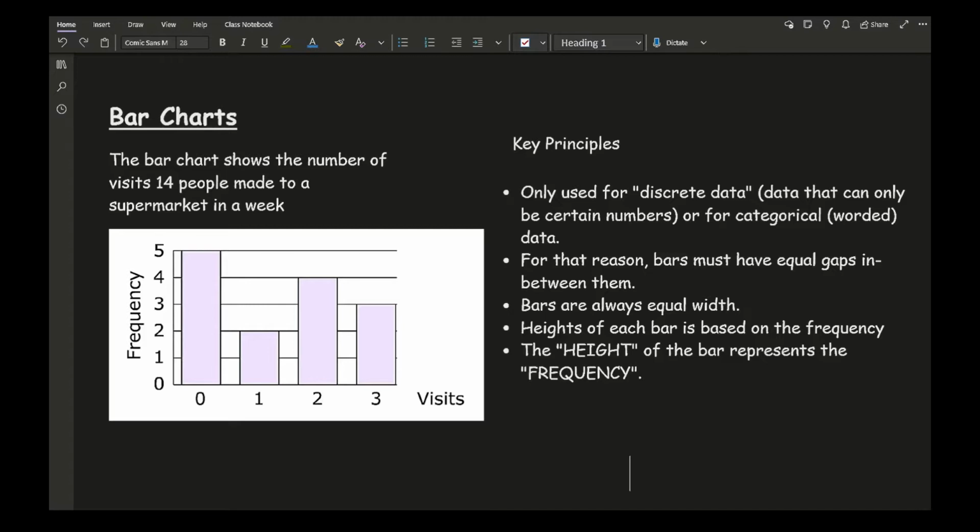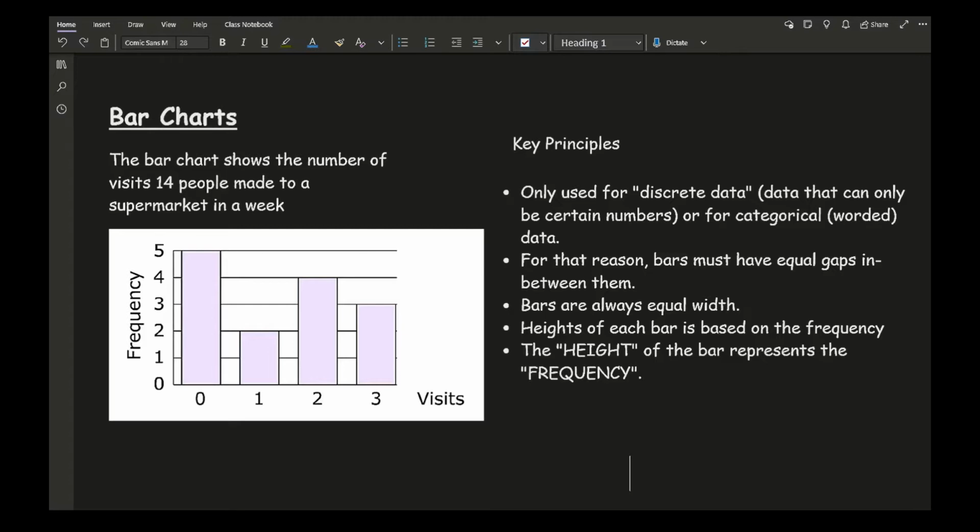You can't measure it, let's say, 3.2647 times. So it can only be certain numbers, nor would you expect someone to visit a supermarket, I don't know, 3,426 times in a week. So again, it's certain numbers within a given range.